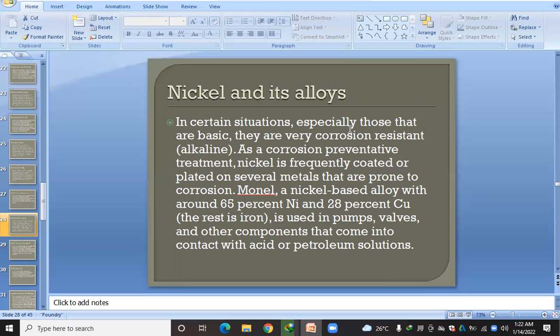Monel, a nickel-based alloy with around 65% Ni and 28% Cu, the rest iron, is used in pumps, valves, and other components that come into contact with acid or petroleum solutions.